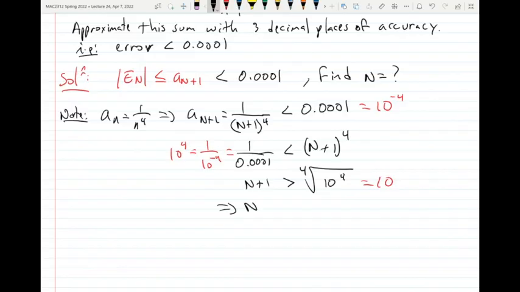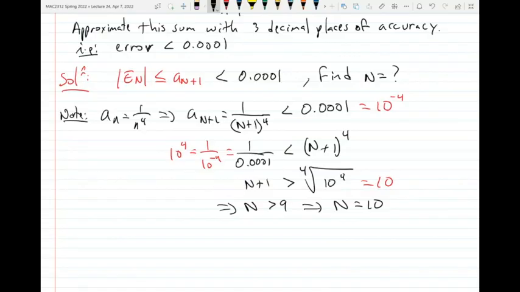So what is n? It has to be bigger than 9, so the first n that satisfies this is 10.